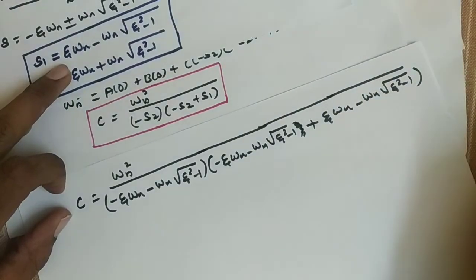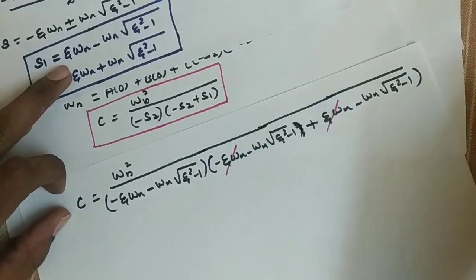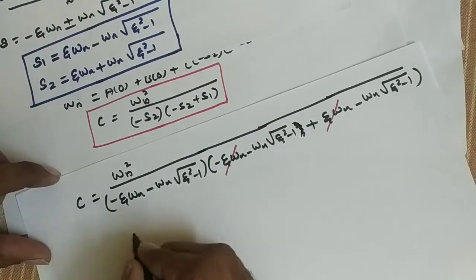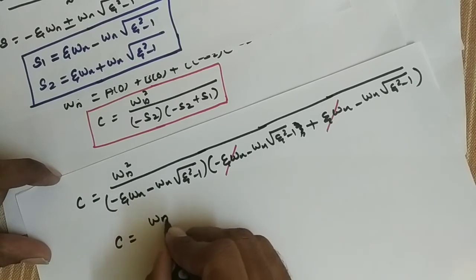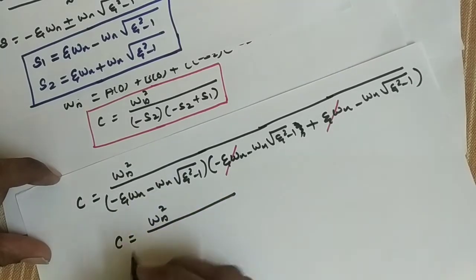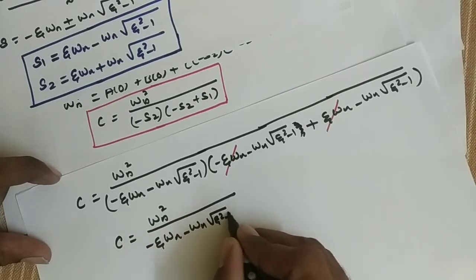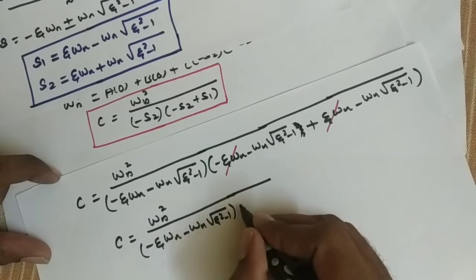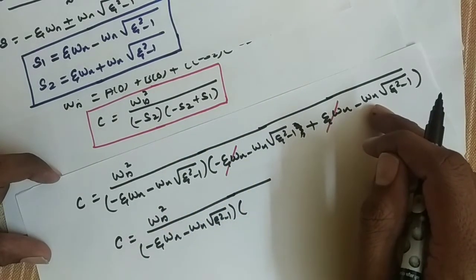In this equation minus eta omega n plus eta omega n get cancelled. So C is equal to omega n square whole divided by minus eta omega n minus omega n root of eta square minus 1 into minus omega n minus omega n we are having.